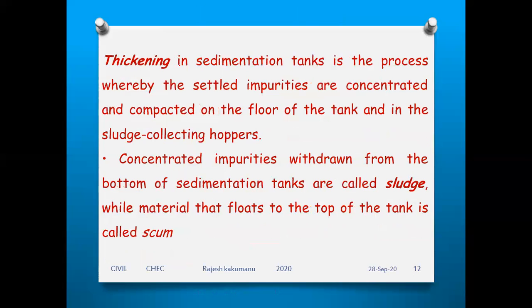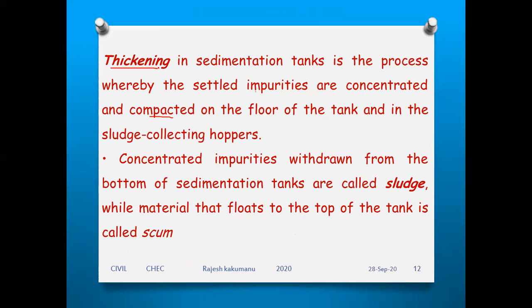Next definition is thickening. Thickening in sedimentation tanks is a process where the settled impurities are concentrated and compacted. Okay, the settled impurities are concentrated and compacted on the floor of the tank and in the sludge collection hoppers.